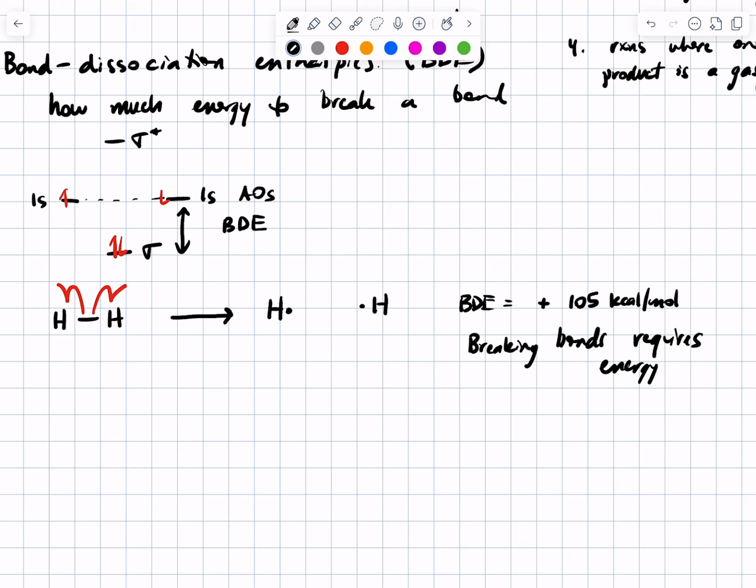How many of you have ever heard that breaking bonds releases energy? Somebody told you probably in biology that, yeah, ATP is unstable, and when you break the bond in ATP, it releases energy. As a chemist, there are things that bother you, and that's one of them. Breaking bonds always requires energy.